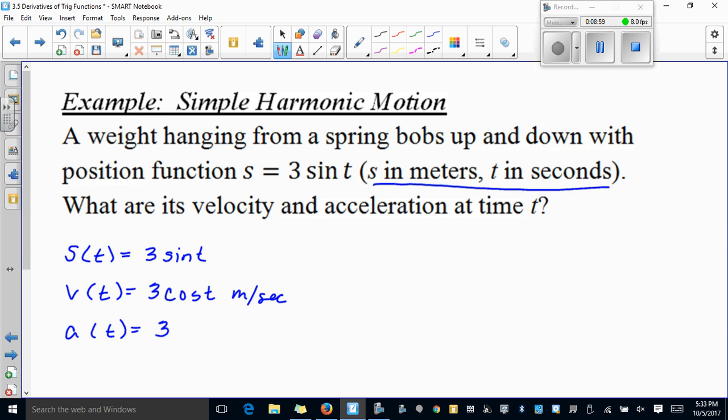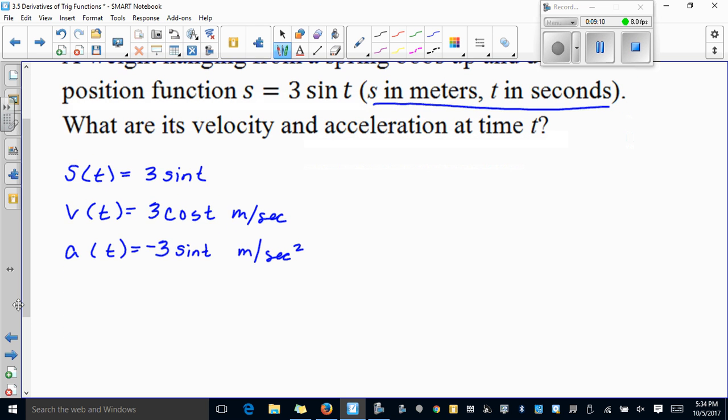Now, I want to point something out because I see this happening all the time. I'm doing the acceleration function. a of t equals, I wrote down 3, and the derivative of cosine was negative sine. And I get this a lot: students think 3 times negative sine, and they write it like this. My question is, what's wrong with this? Because this is definitely not the right answer.